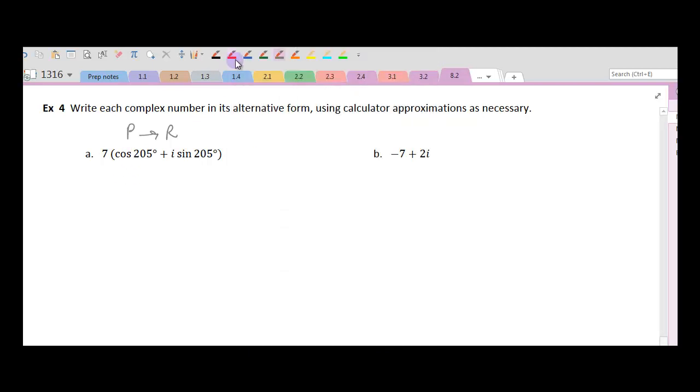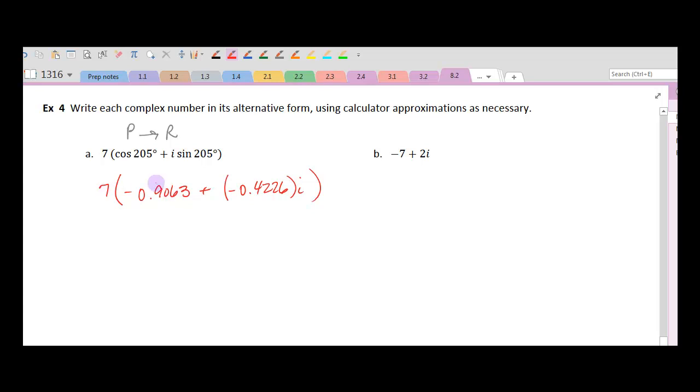So what I've got so far is 7 times, I take cosine of 205 on my calculator and I find out that that's negative 0.9063. I'm going to add that to the sine of 205, which is negative 0.4226, i. Don't forget the i because this is the imaginary part here.